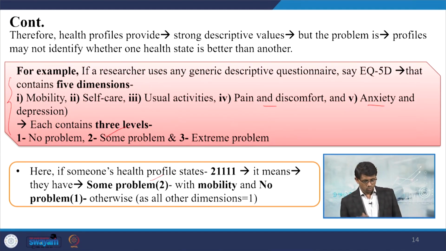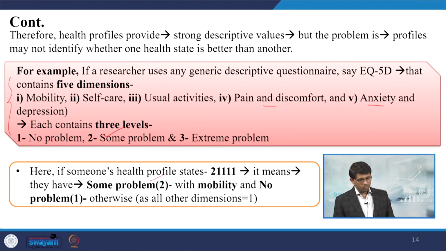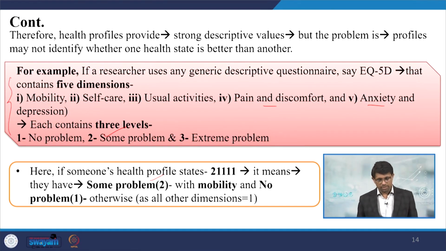Then 1 means no problem, and similarly for others it is 1. So 21111 refers to the person having a problem with the health profile.